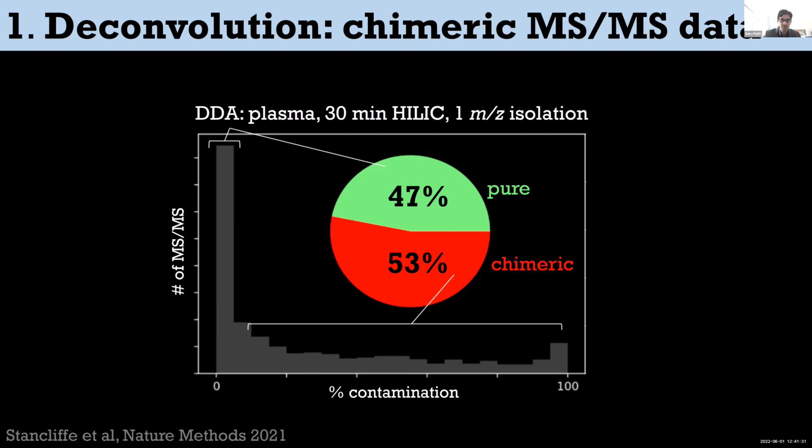Here it's more distributed, but there is in fact still a lot of contamination present. So you might ask whether or not this amount of contamination could influence our ability to make metabolite identifications, for the reason that I showed you on a previous slide. Are we going to get chimeric data that doesn't match our pure library spectra, and will this inhibit our ability to make metabolite identifications?